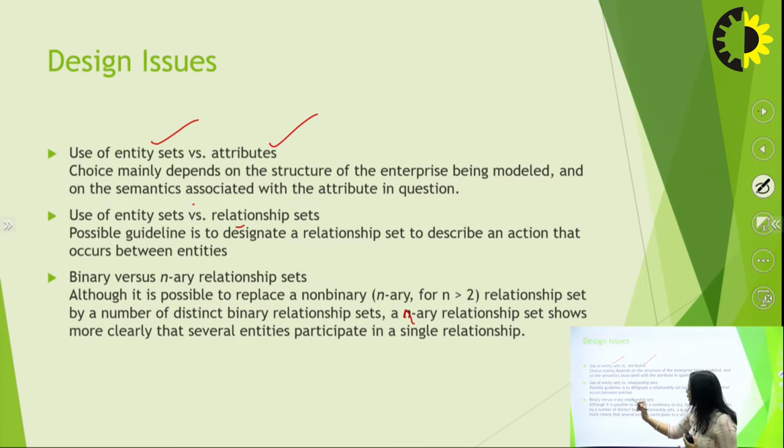Okay. Now, after that, we need to decide the degree of the relationship, right? So it is possible to represent a binary versus n-ary relationship set. According to the need, we'll decide which type of relationship we will have, right?